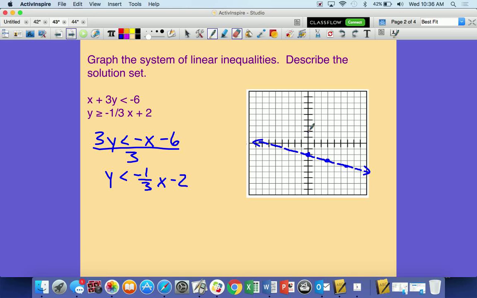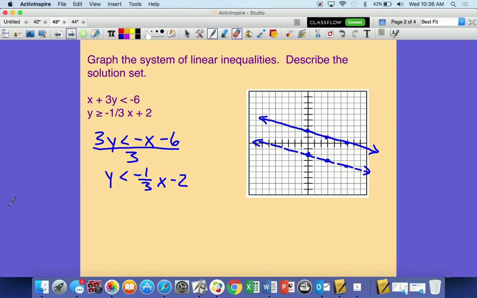Our slope is -1/3. And drop that line in. Alright, and that one can be solid because of this equal sign in there.